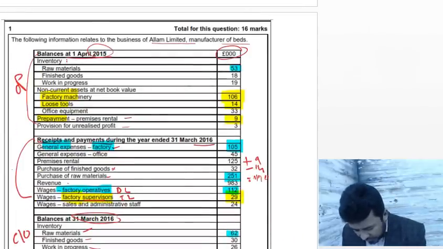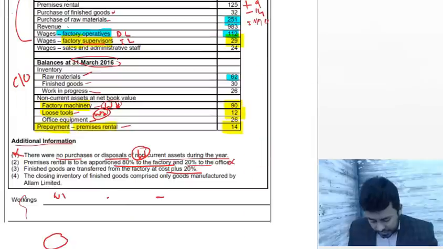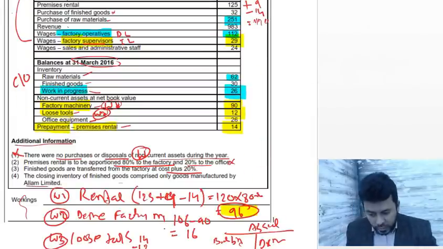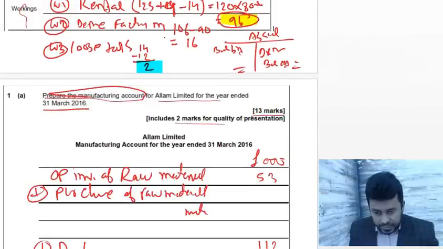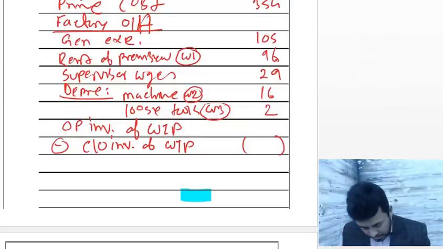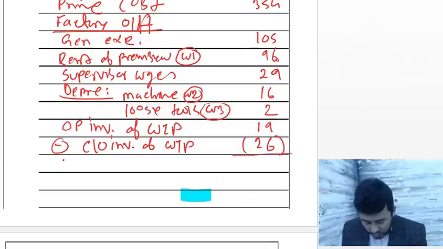And have a look here. Your work in progress opening is 19, and work in progress closing is 26. Let's take it into account. 19 and 26, and pretty much that's it. You're supposed to get your cost of production.